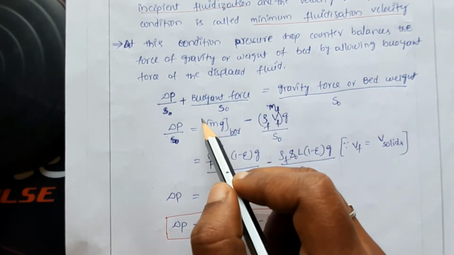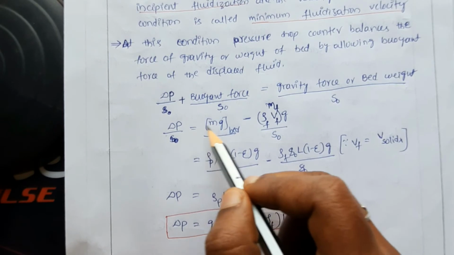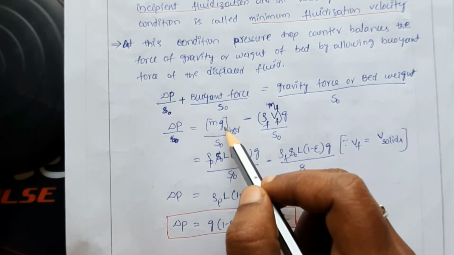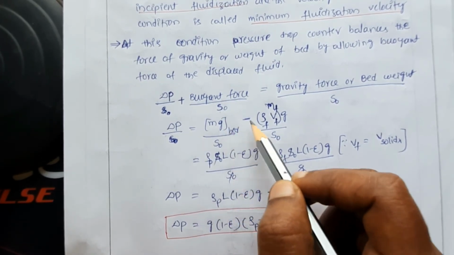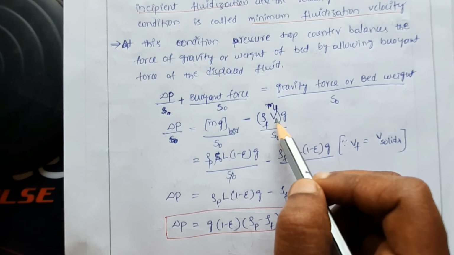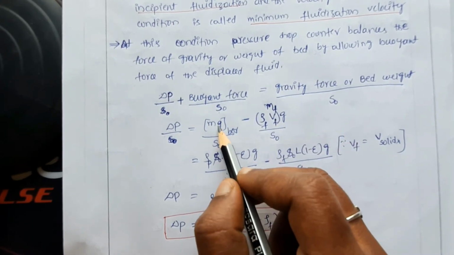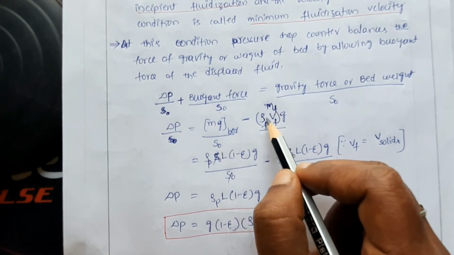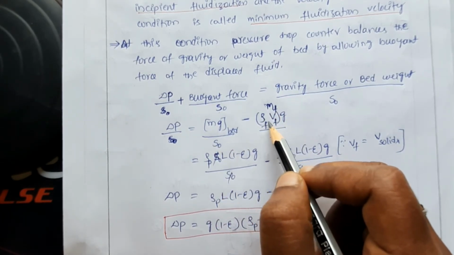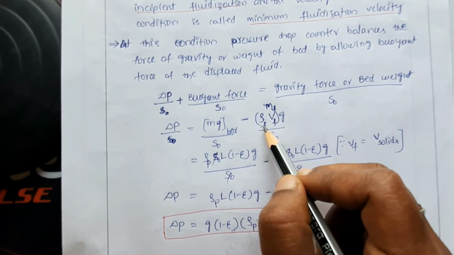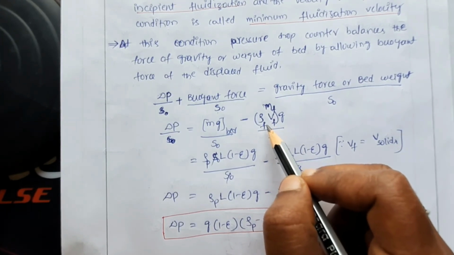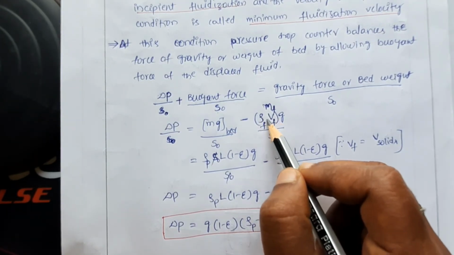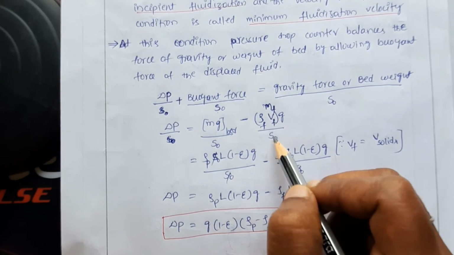So delta P equals gravity force or bed weight minus buoyant force. So mg of the bed per unit cross section minus rho f Vf g divided by S naught, since this is the upward thrust of the fluid, right?